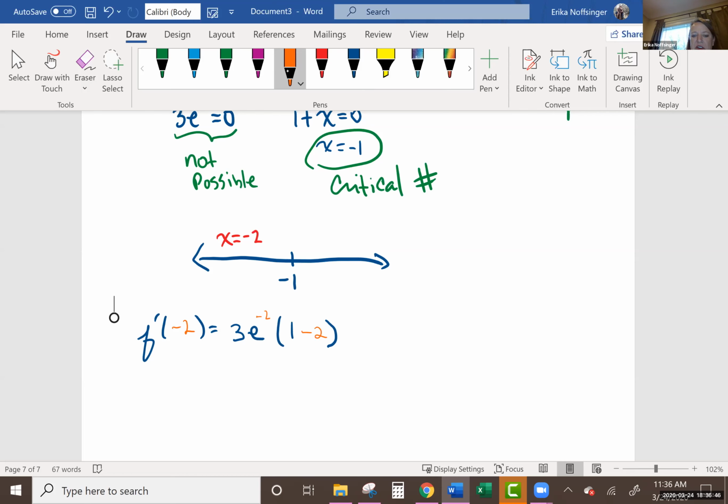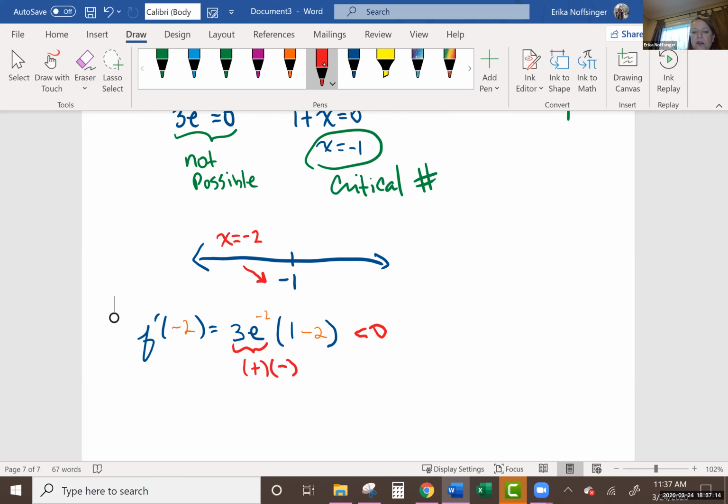Again, I'm really only curious, is this a positive or a negative number? I know e to any number is always positive. So this is a positive number, or you can use your calculator, and 1 minus 2 is -1, so that's a negative number. So if I multiply a positive times a negative, I know that that's a negative number. It's smaller than 0, and so it has to be decreasing to the left of -1.